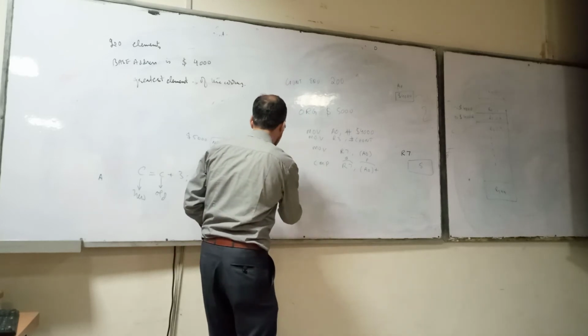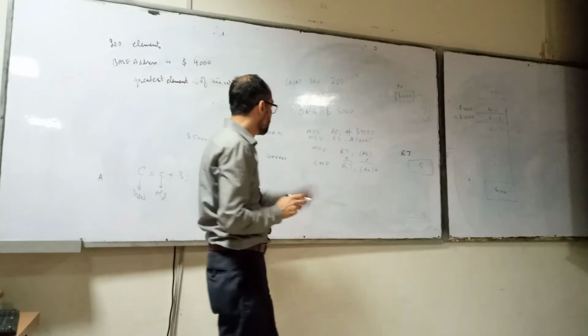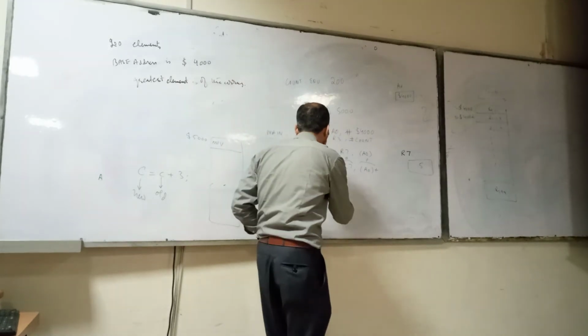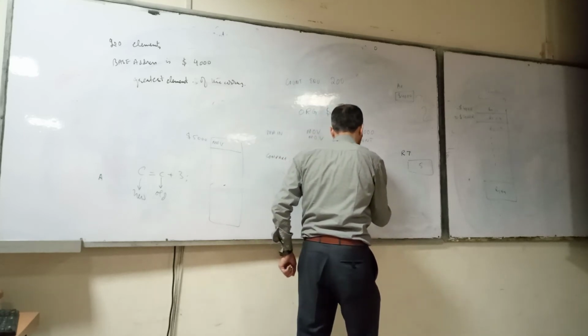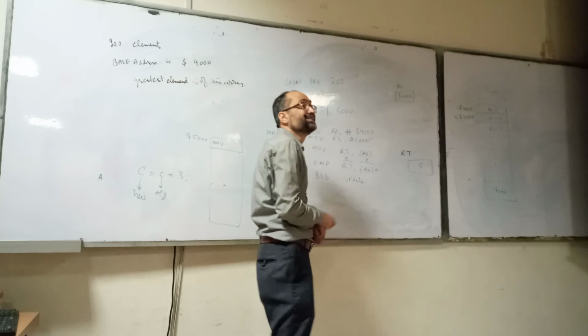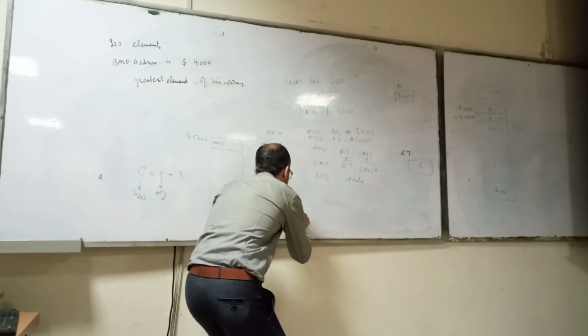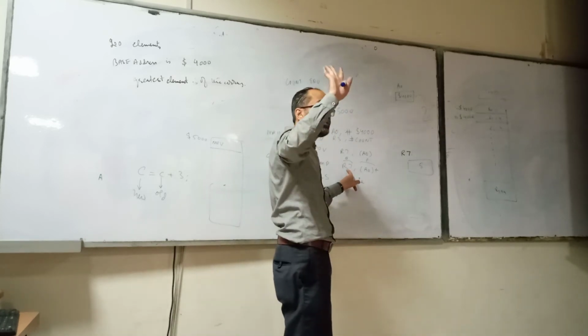Yeah, we can say compare R7 with A0 plus, BLS update. So now there is also some label update. Now, what is the contents of R7? 5.